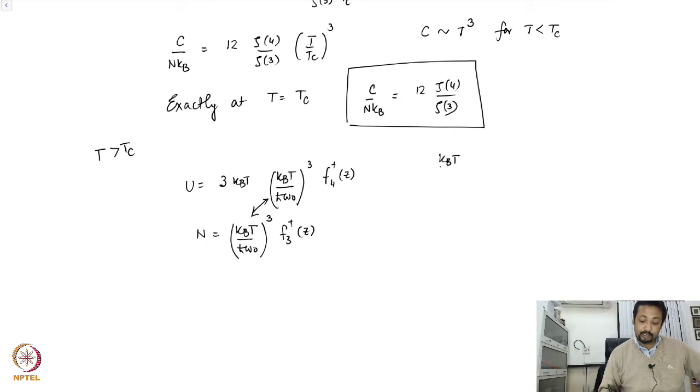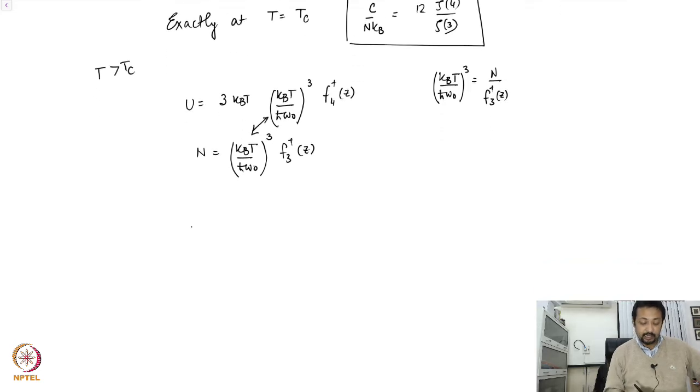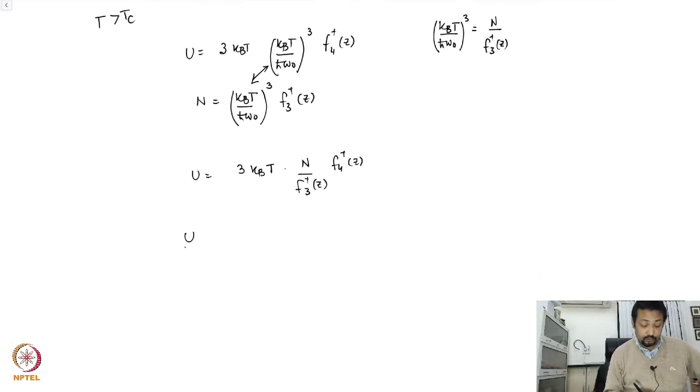So I can write down (kBT over h bar omega naught) whole cube as N over F3 plus of Z. And I have the expression U is equal to 3 kBT times N over F3 plus of Z times F4 plus of Z. Therefore, U over NkB is going to be 3T times F4 plus of Z over F3 plus of Z.